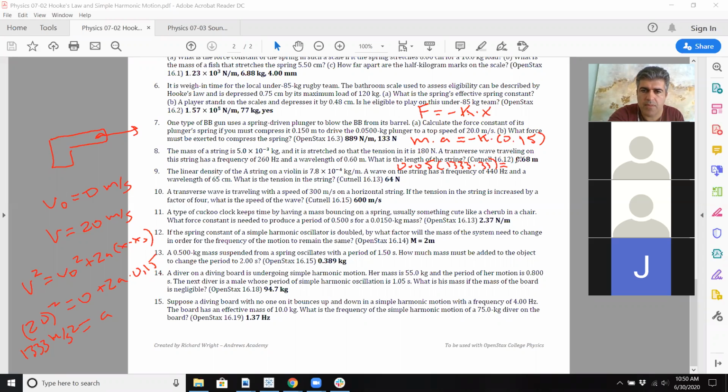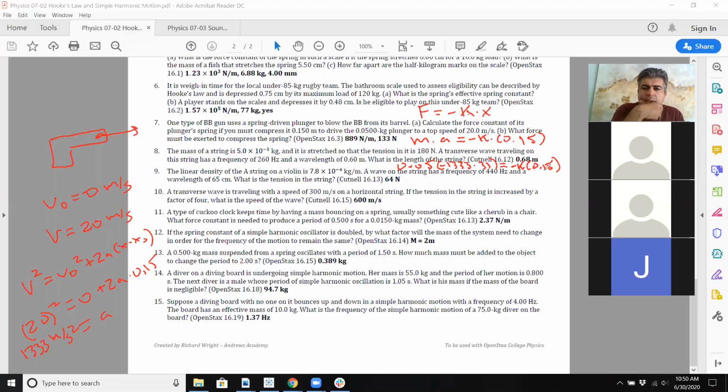I suppose the whole negative part, you're actually coiling it back, so you can always give k as a positive value regardless. And if you solve for it, 0.05 divided by 0.15 times 1333.